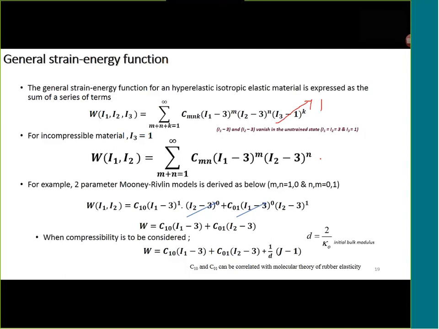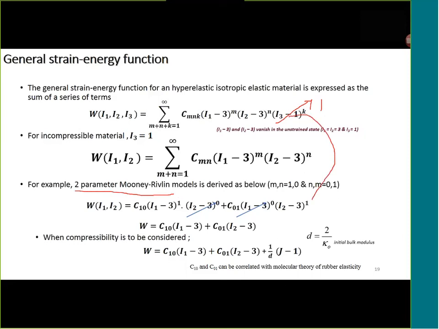For example, if you have already started working with rubber or elastomeric materials, you must have been familiar with something called the 2-parameter Mooney-Rivlin model, which typically looks like this. This model is basically derived from this equation.